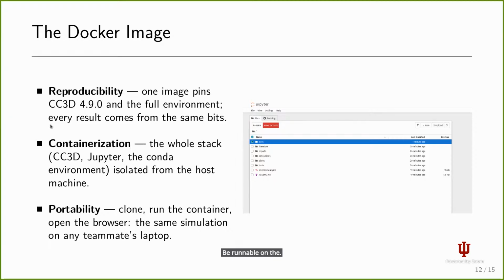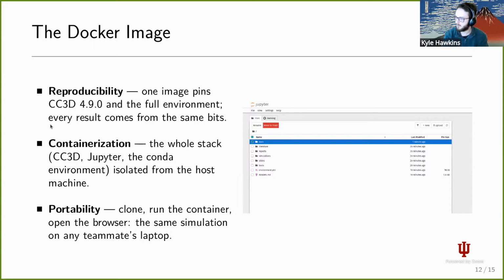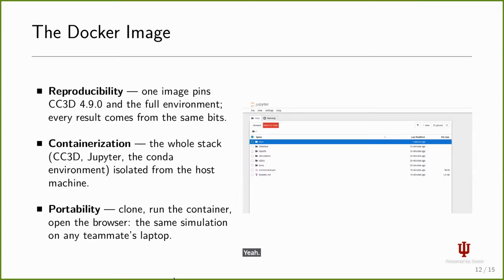If you know the steps to install and create your environment, then you can write that in the file. So it will be there every time. And it's also running on any desktop or any system that supports Docker.